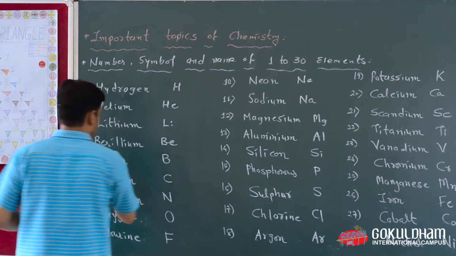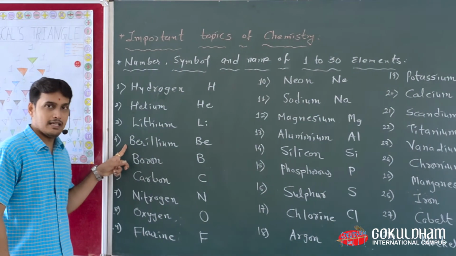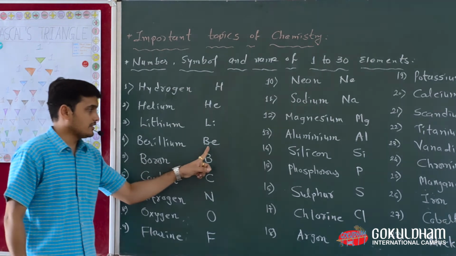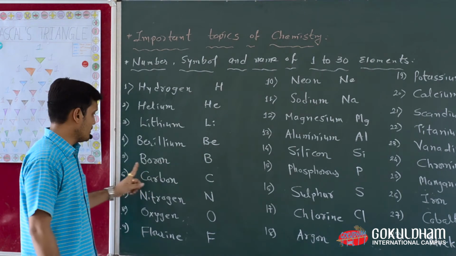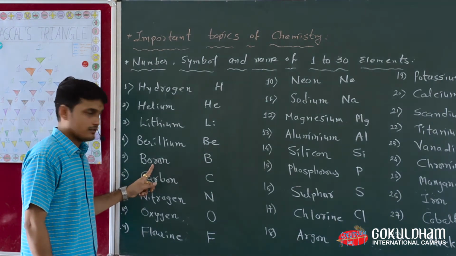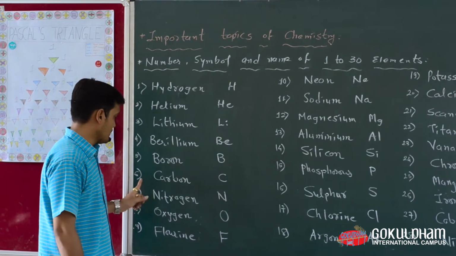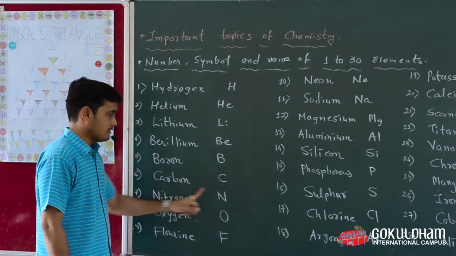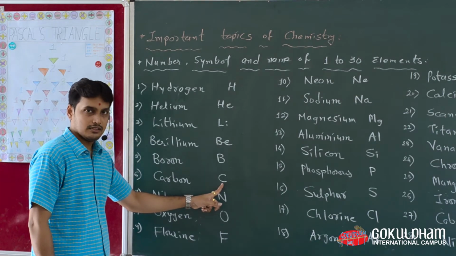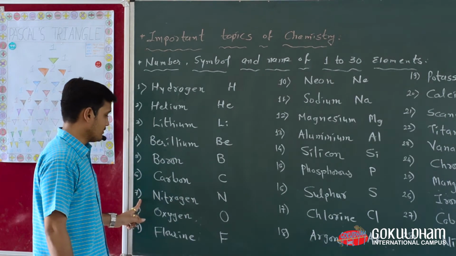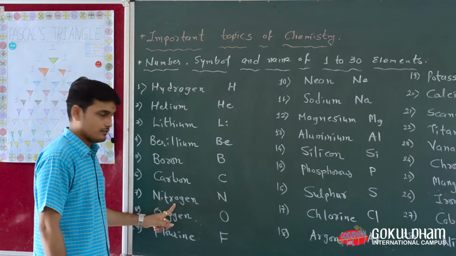The fourth number is beryllium. The symbol is Be. Fifth is boron. Symbol is capital B. Sixth is carbon. Symbol is C. Seventh number is nitrogen.